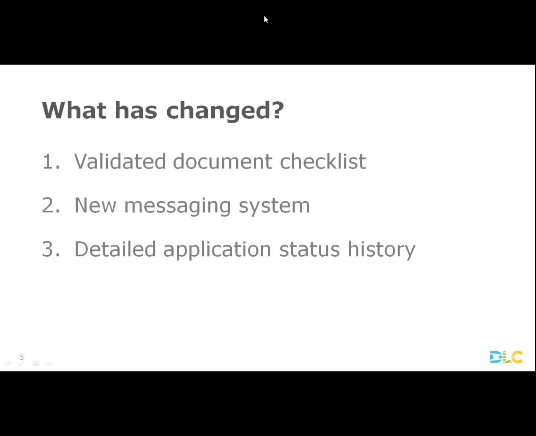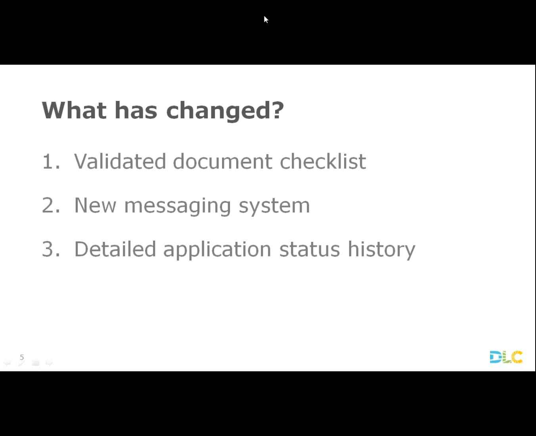I also am going to give a quick overview of the key features of the application portal that have changed. Firstly, we have a new validated document checklist when you're submitting an application, and the purpose for this is to hopefully speed up application review timelines by clarifying which documents you as the manufacturer need to submit to have your application move into the comprehensive review phase.